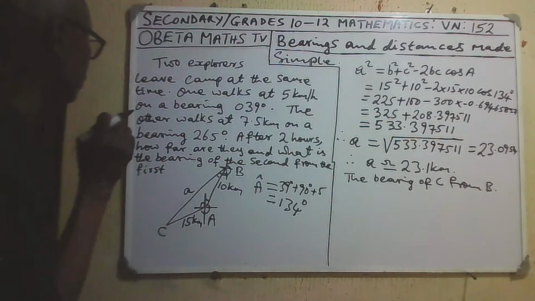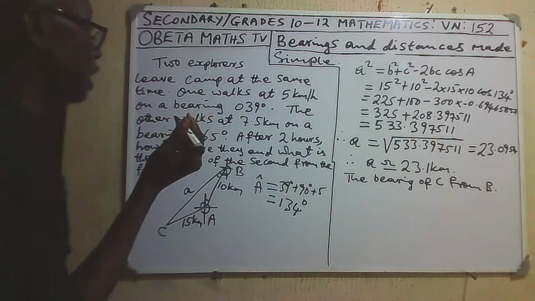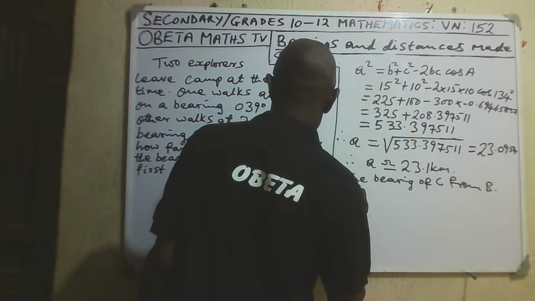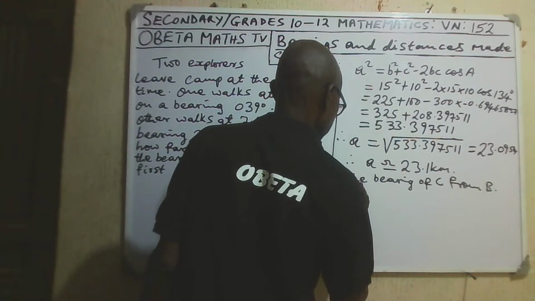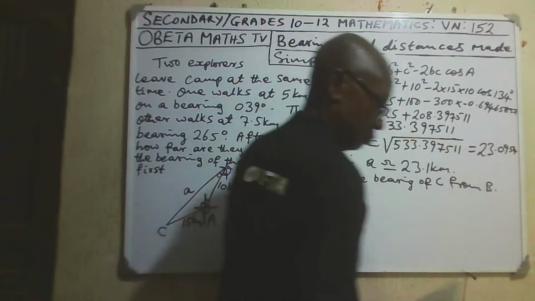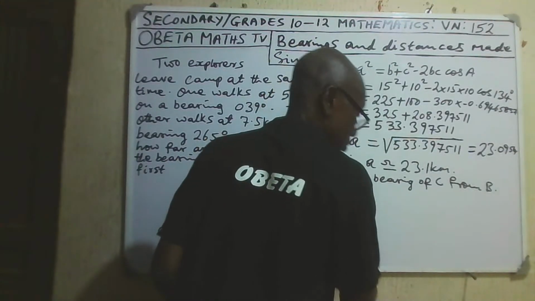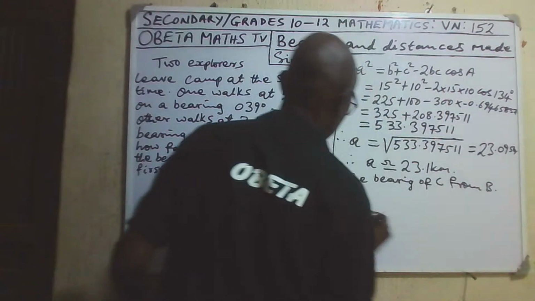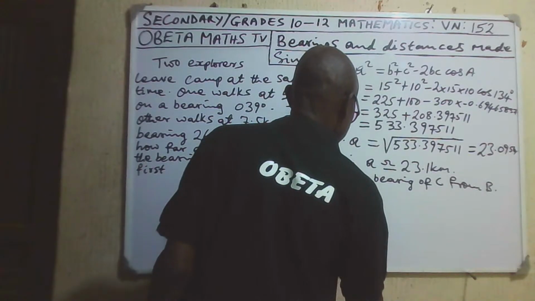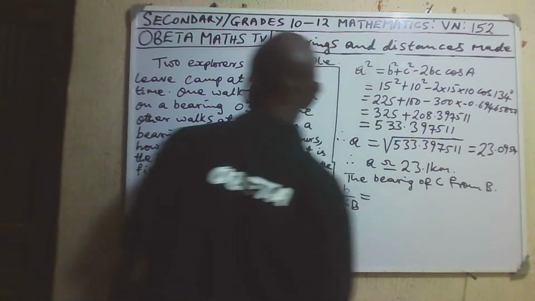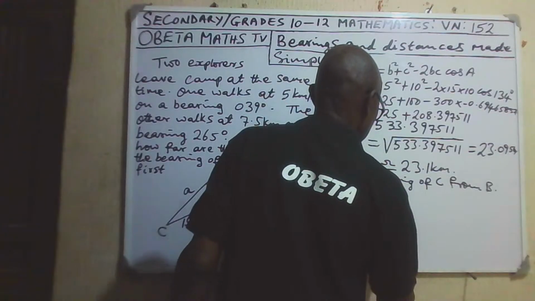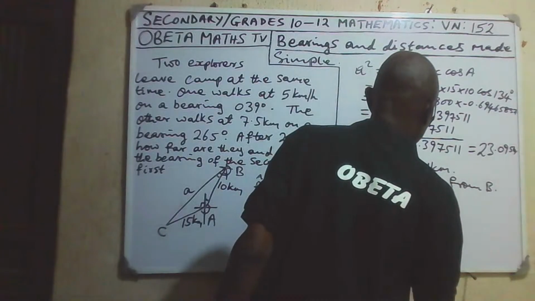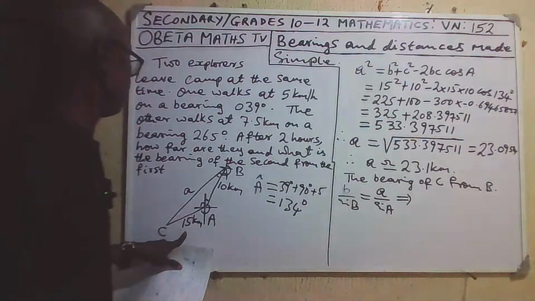So in that case, we are going to use the sine rule. We use the sine rule, and then we have b over sine B is equal to a over sine A. And we already know b to be 15.